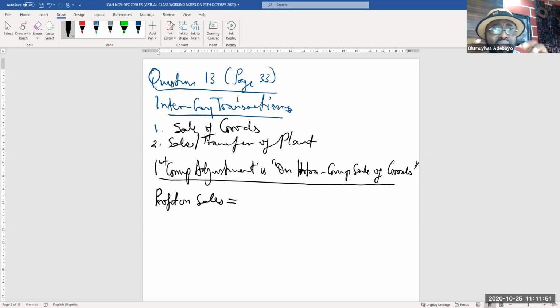For example, if they give you the date of acquisition, it plays no role since they have given you the position as at that date. Why do I need the date of acquisition when they have already told me the reserve existing as at that date? It's of no essence at this moment.